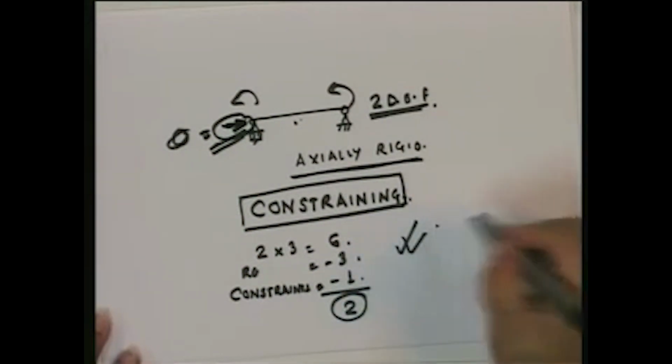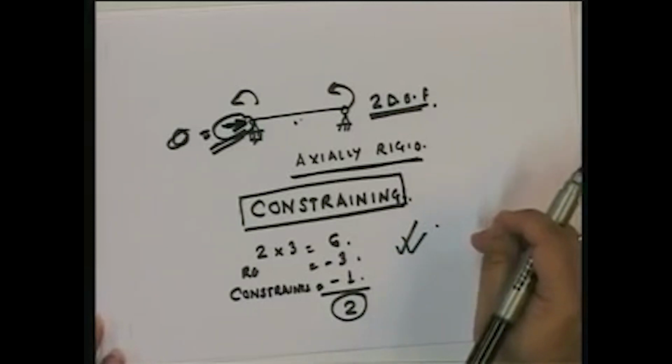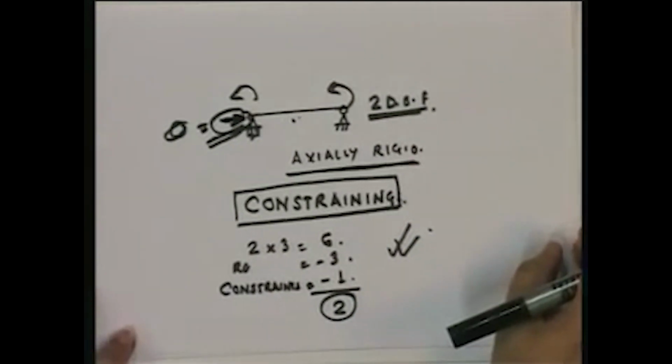So what is the algorithm for getting the kinematic indeterminacy of a beam or a frame? Start off by finding out how many joints there are in the structure. Multiply the number of joints by 3. That gives you the total number of unrestrained degrees of freedom.